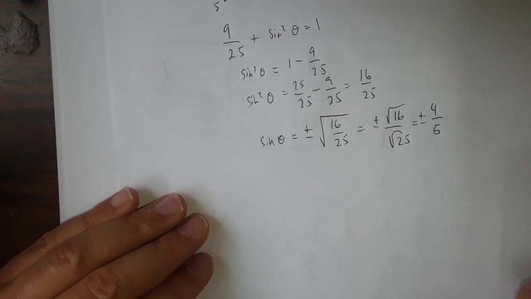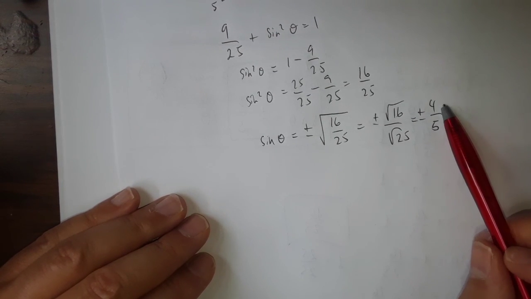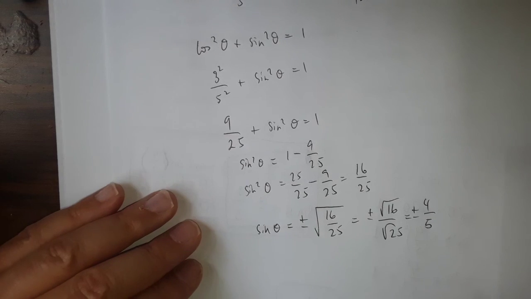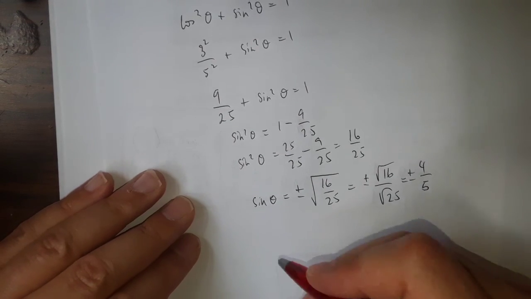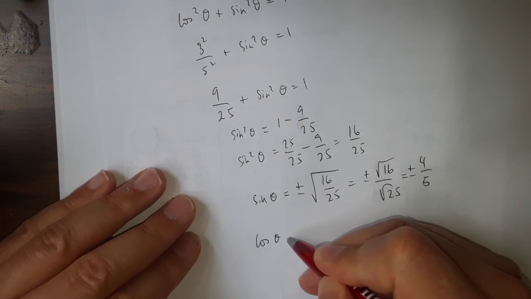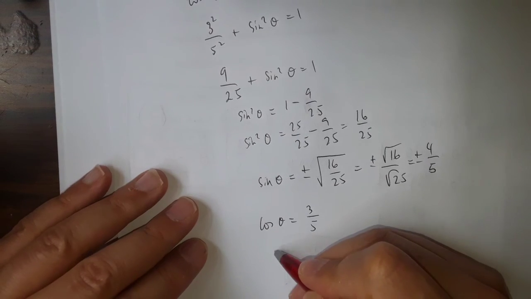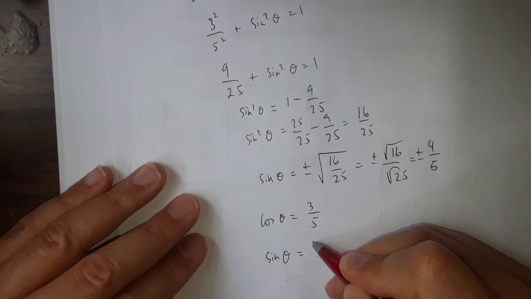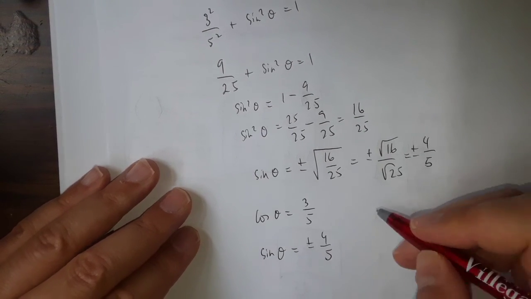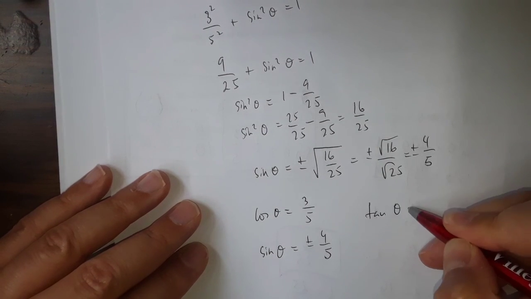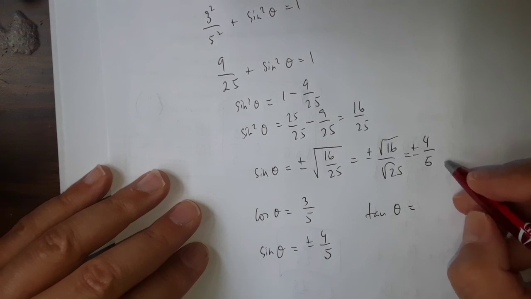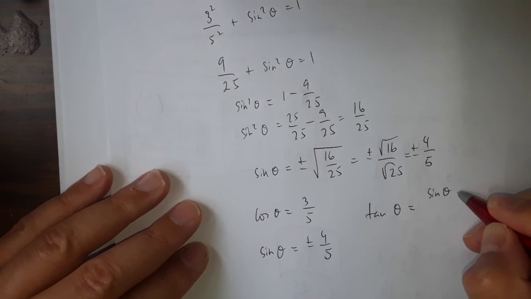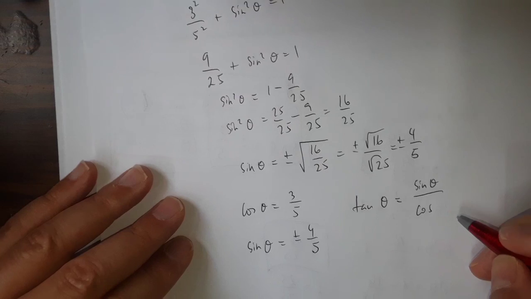So when I have cosine of theta is 3/5 and sine of theta is plus or minus 4/5, I know that the tangent of theta must be sine of theta over cosine of theta.